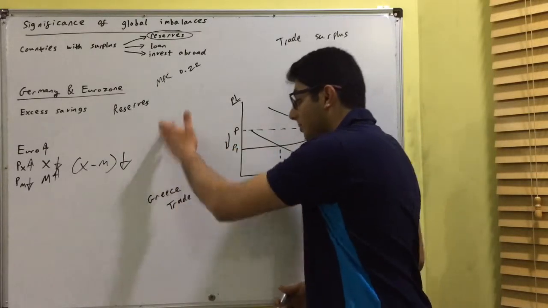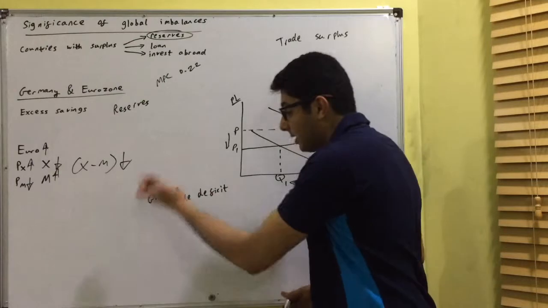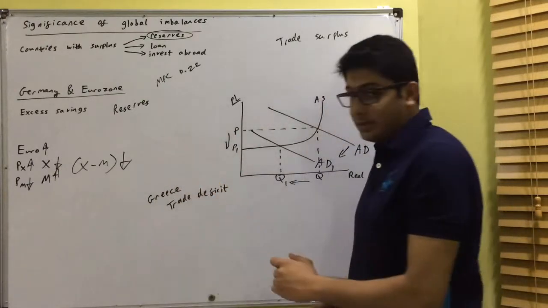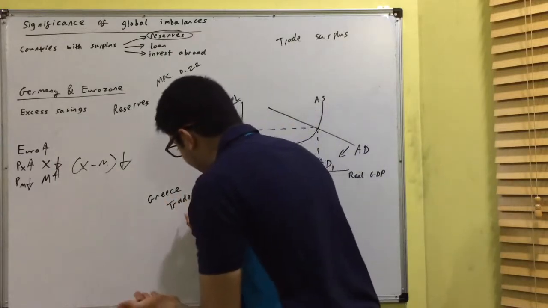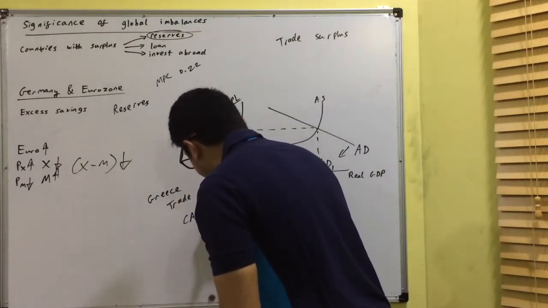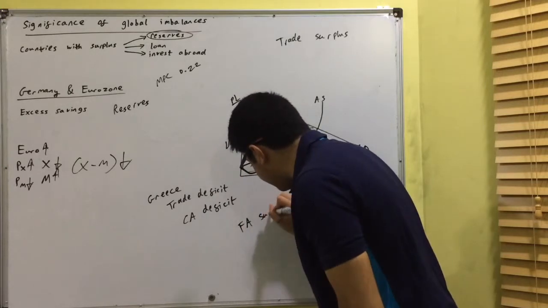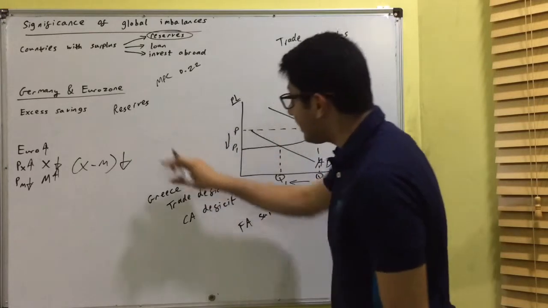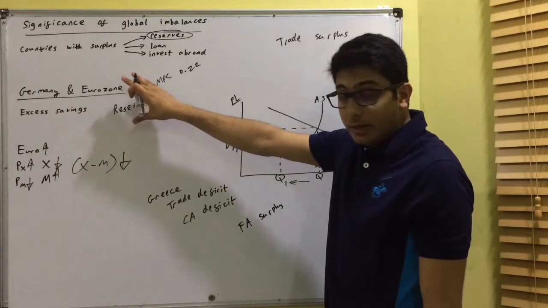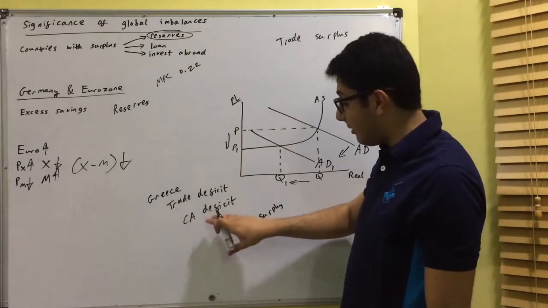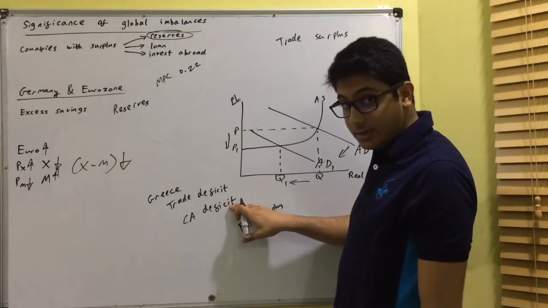So it could buy imports from Greece, which would level out Greece's trade deficit. It could use that to invest more into Greece. So with Greece having a current account deficit, it could run a financial account surplus. If countries with current account surplus like Germany invest into countries with a current account deficit like Greece, all right?